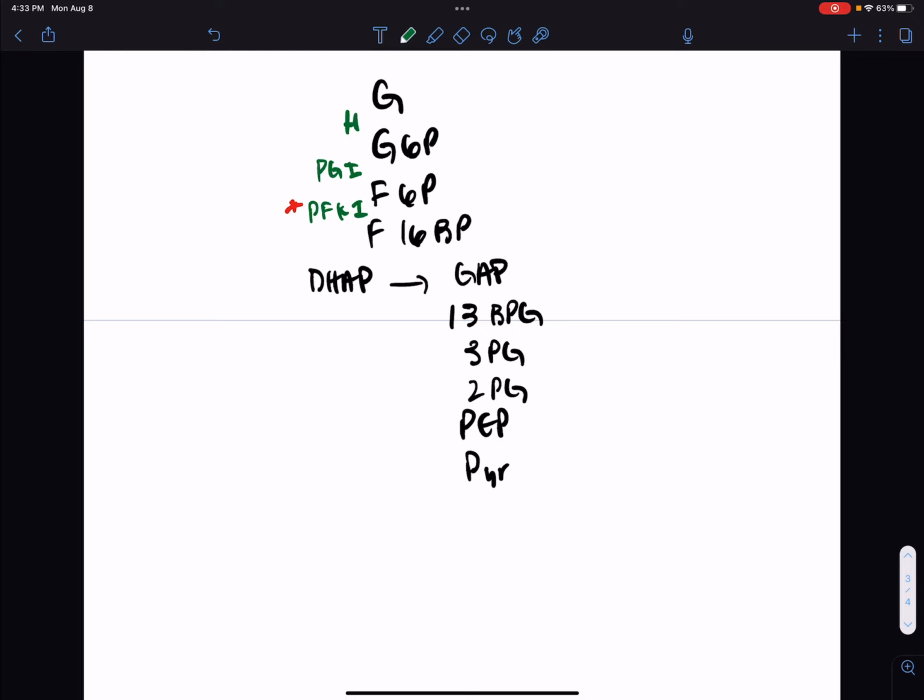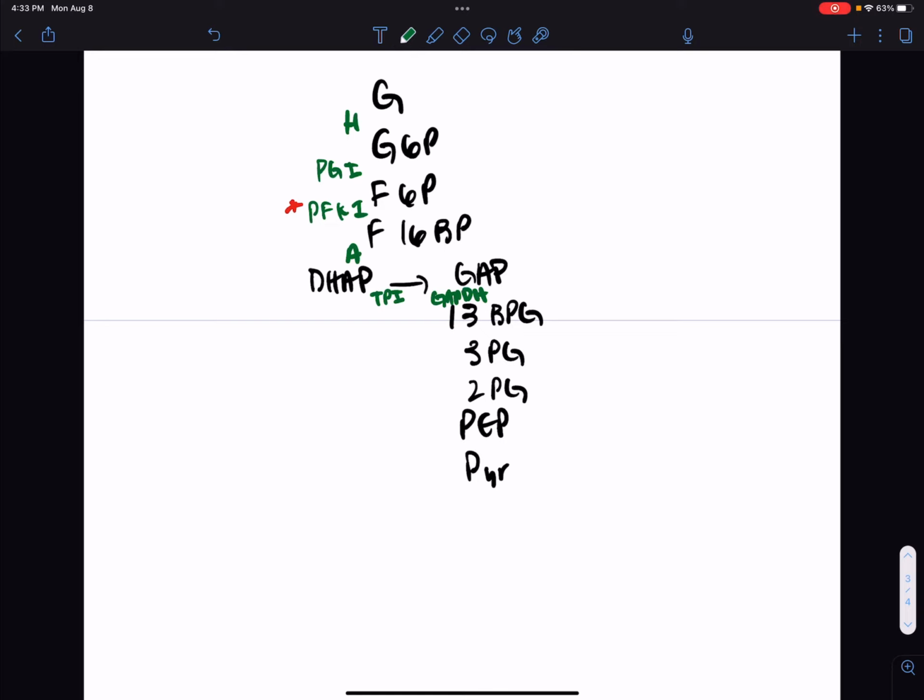And then aldolase, which takes us down and splits us into DHAP and GAP. Going from DHAP to GAP, we've got triose phosphate isomerase. And then from GAP to 1,3-bisphosphoglycerate, we have what's called GAP DH, glyceraldehyde 3-phosphate dehydrogenase.